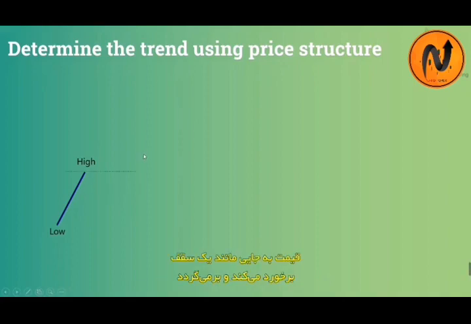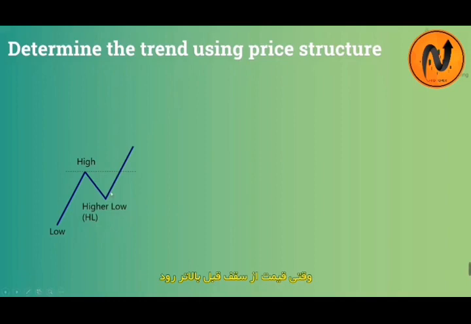So it will hit something like a ceiling, then bounce back. This is something we call a higher low, or short form HL. Once the price moves beyond the high over here, it creates a higher low, HL, and then of course the price keeps moving higher.